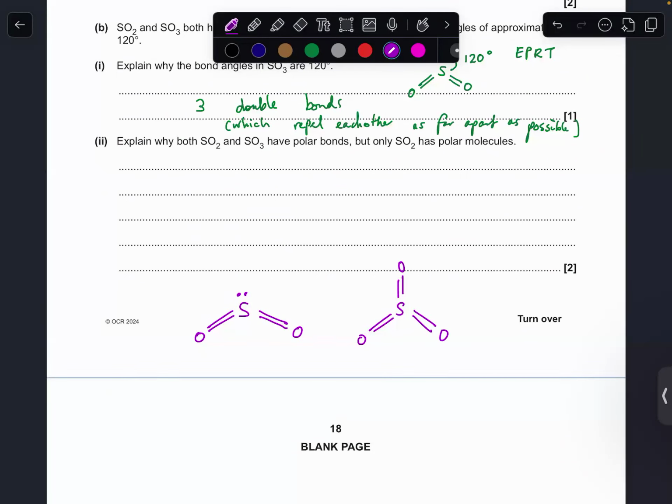You see, if you look at the periodic table, oxygen is closer to fluorine, and oxygen is more electronegative than sulfur. 1 mark. That's the explanation of why they have polar bonds. So this is delta positive because these are delta negative.